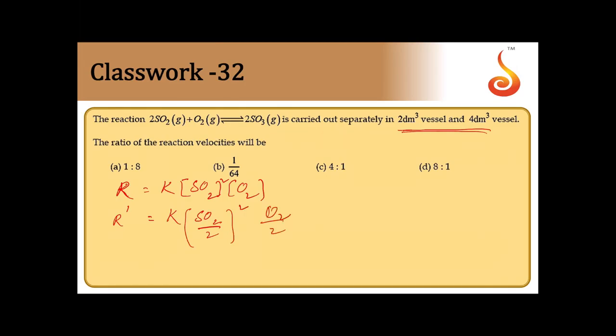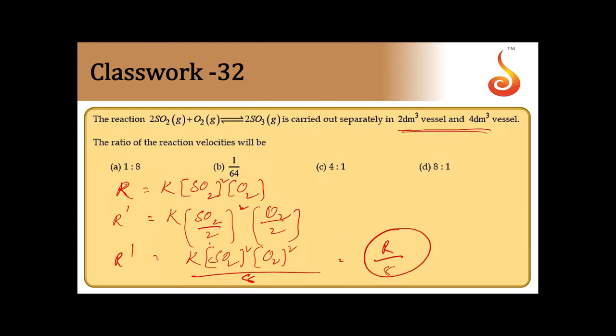So which is equal to K into SO2 square O2 by 2 square into 2, which is 8. So R dash will be equal to R by 8. So the rate becomes 1/8 of the previous one.